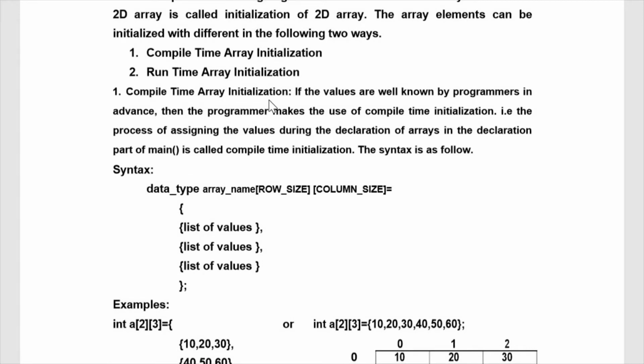So compile time array initialization: if the values are well known by the programmer in advance, then the programmer makes use of compile time initialization. That is, the process of assigning the values during the declaration of the array in the declaration part of main is called compile time initialization.